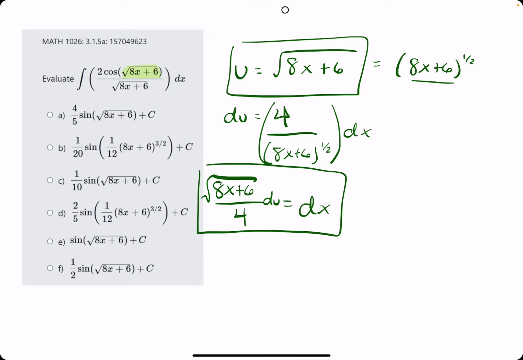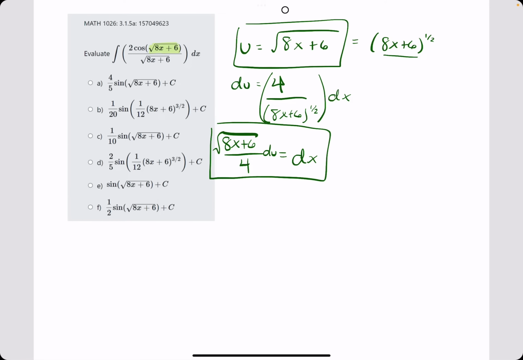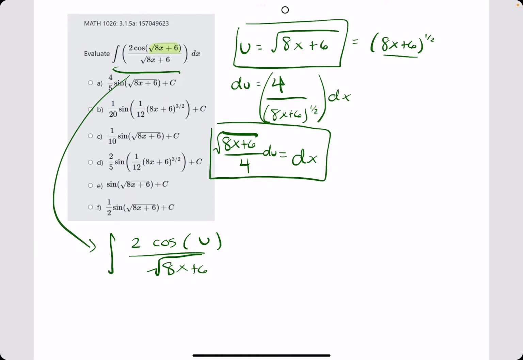So we have u and we have dx. Following the procedure we usually use, I'm going to rewrite this integral as 2 cosine, and then inside the cosine is our u. We can leave the denominator the exact same.